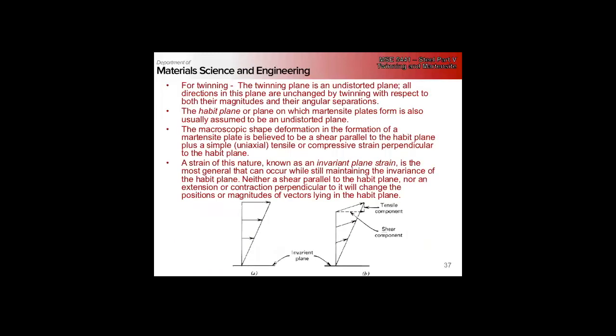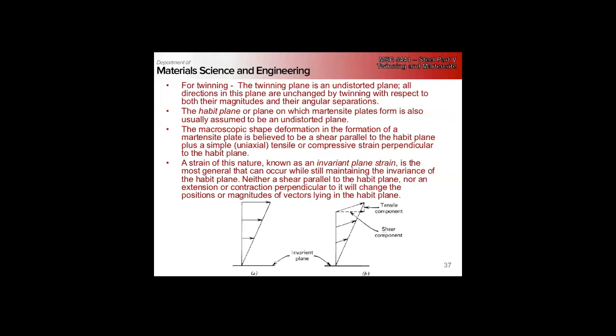Unlike twinning, you have both a shear and a tensile component. What's the relative magnitude of those two? What's bigger, shear or the normal component? Shear.